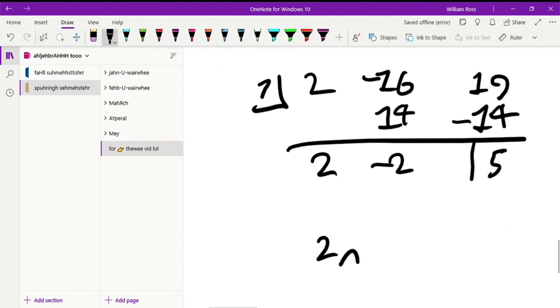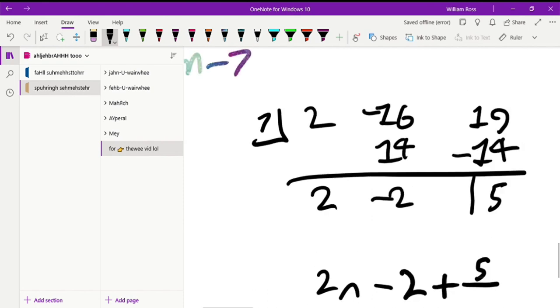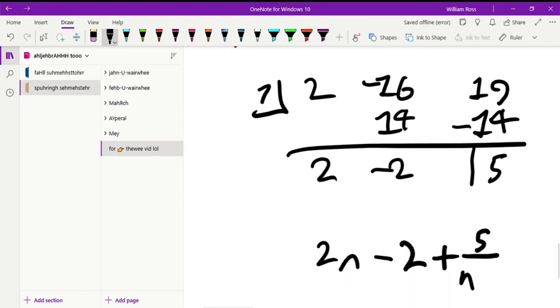So in this case, it will be 2n minus 2 plus 5 over n minus 7.